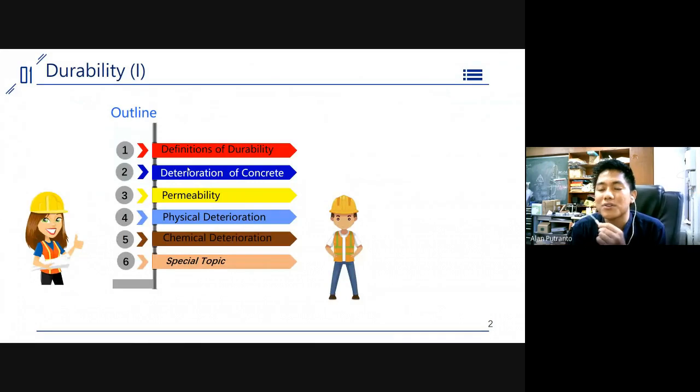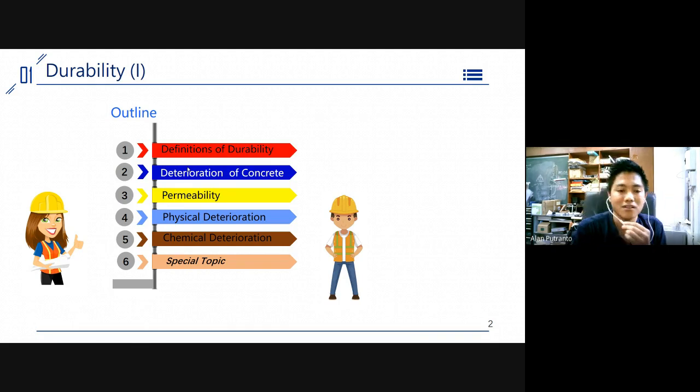For today's outline, we have six major discussions. The first is the definition of durability, the second is deterioration of concrete, and the third is permeability. Next, we will discuss physical deterioration, and later the chemical deterioration.